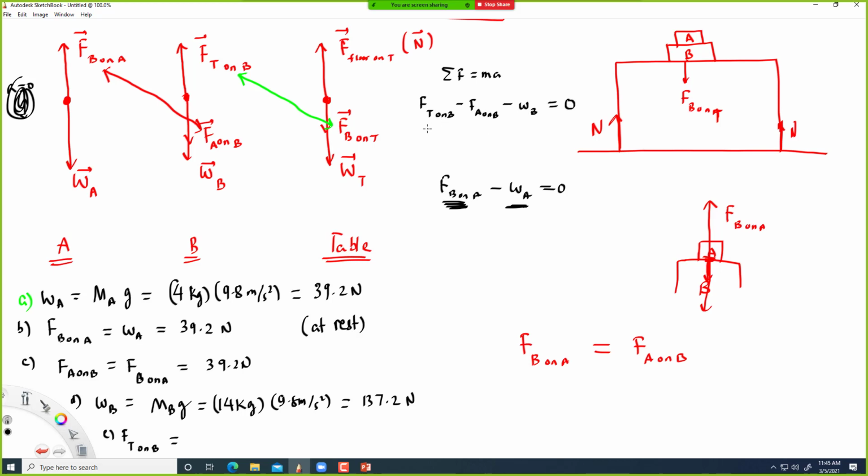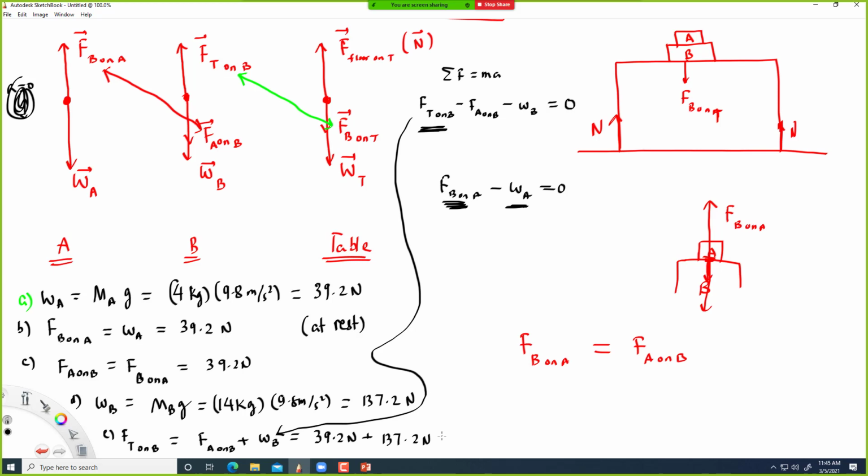So we want to find this. That would be F A on B plus WB. F A on B we already found, 39.2, and WB we already found, 137.2. So you add those two, you get 176.4.